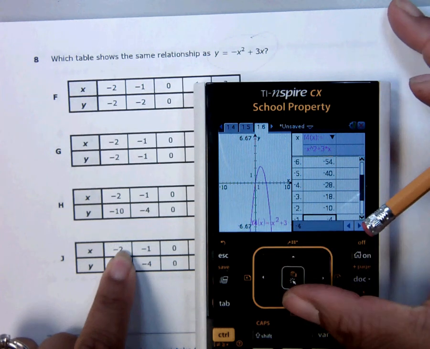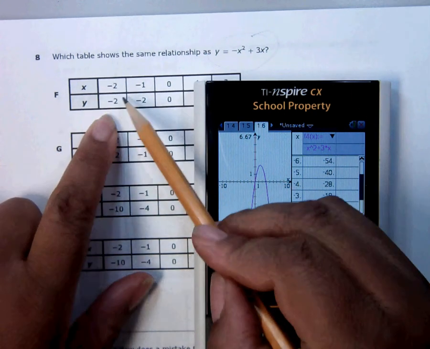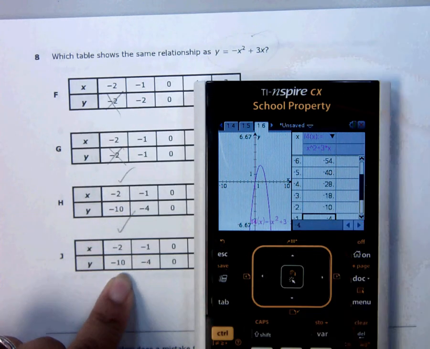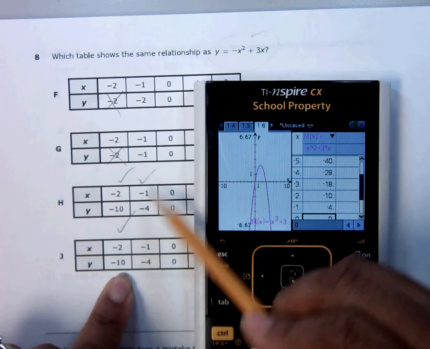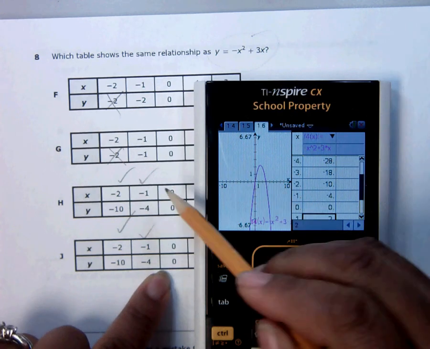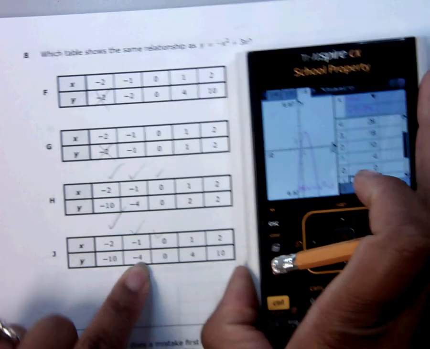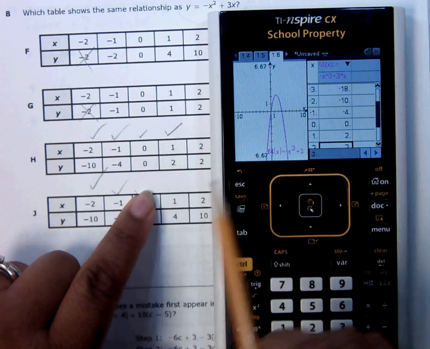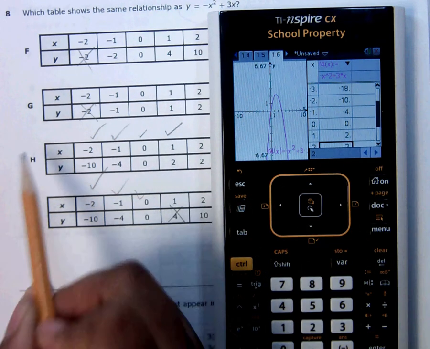So we want -2, -10. Nope, nope. Yes, yes. -1, -4. Yes, yes. 0, 0. Yes, yes. 1, 2. Yes. 1, 4. No. You found your answer.